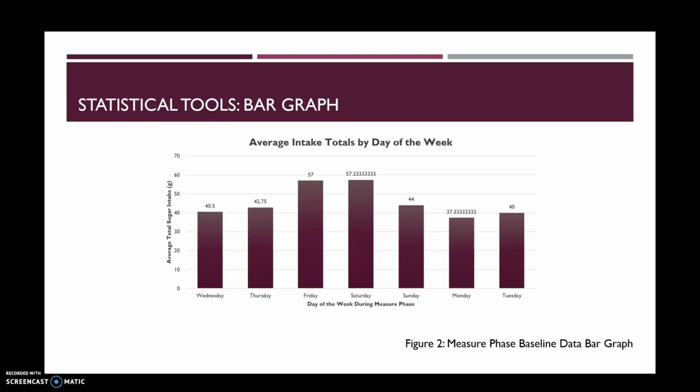The second root cause that I mentioned was that I was using sugar as a way to reward myself. This bar graph shows that I am doing that, because as I break down my sugar intake by day of the week, I can see that Fridays and Saturdays tend to have the most sugar consumed on average, which makes sense because at the end of the week, I'm really tired.